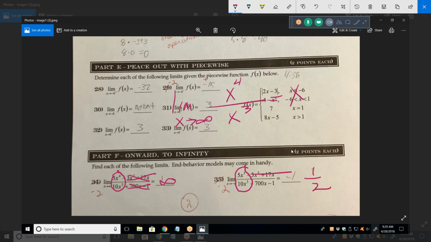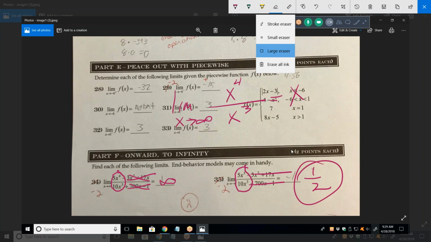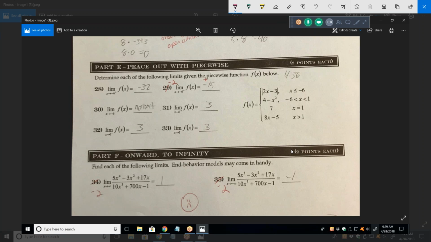Don't care about that, don't care about that. So, x's cancel out, goes to 1/2. And you'll notice that if we looked at a graph of this, there's going to be a horizontal asymptote at 1/2. And what horizontal asymptotes mean is that's what the thing approaches as you go to the infinities; it approaches this horizontal asymptote.